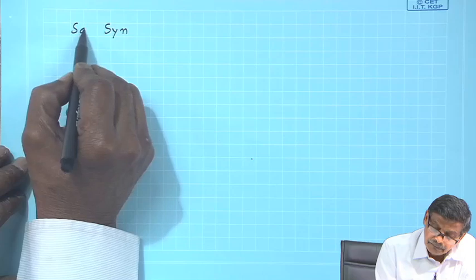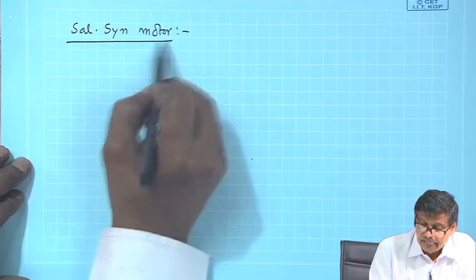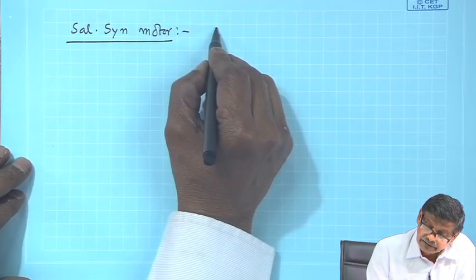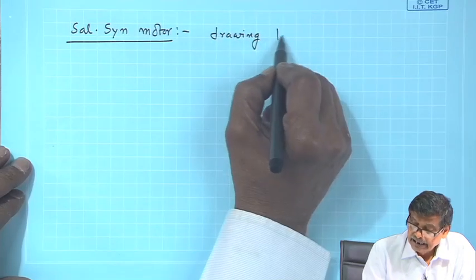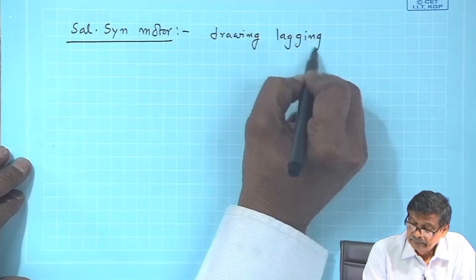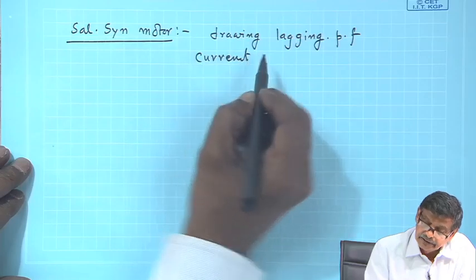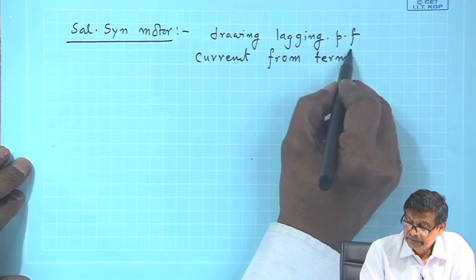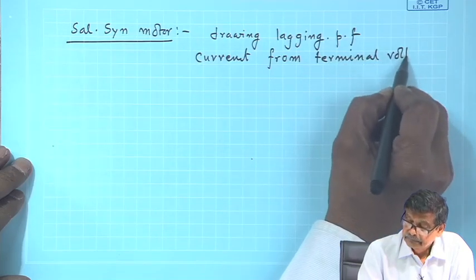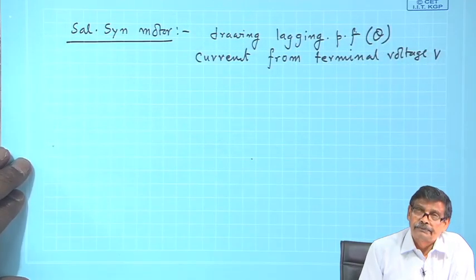Suppose now I say it is a synchronous motor, salient pole, salient synchronous motor, and suppose it is drawing lagging power factor current from terminal voltage V. Power factor angle suppose theta.